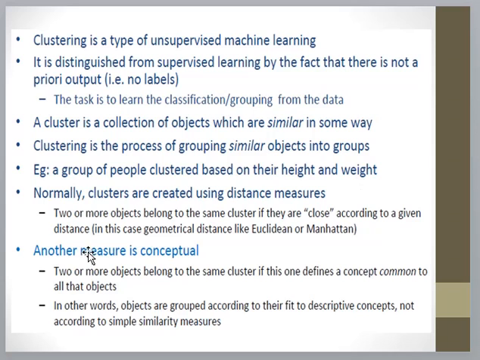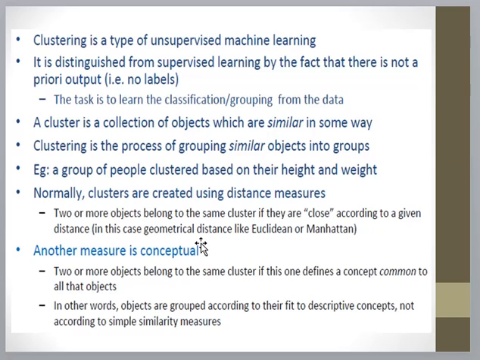Two or more objects belong to the same cluster if they are close according to a given distance. So if two objects have a closer distance, right? If they are close to each other, it means that they will have minimum distance, and then we tend to form a cluster for those objects.